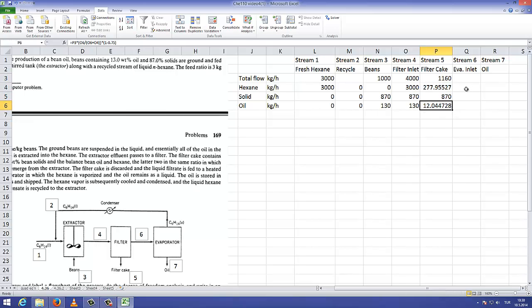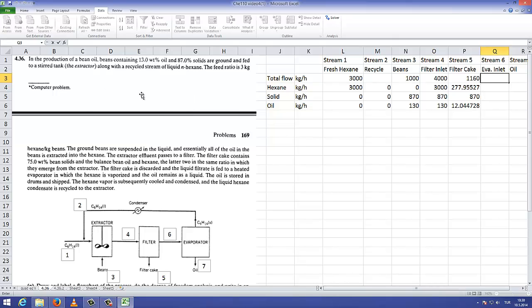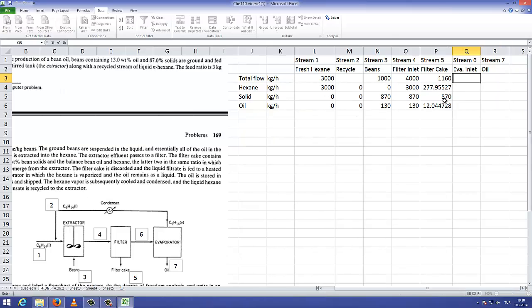Now, this question is prepared to be solved simply by doing mass balances. I could go back to finding the recycle stream that way, but I don't want to, because I want to use the Solver add-in.